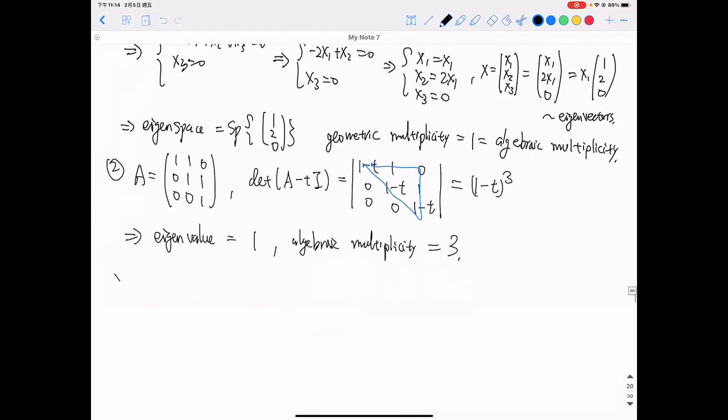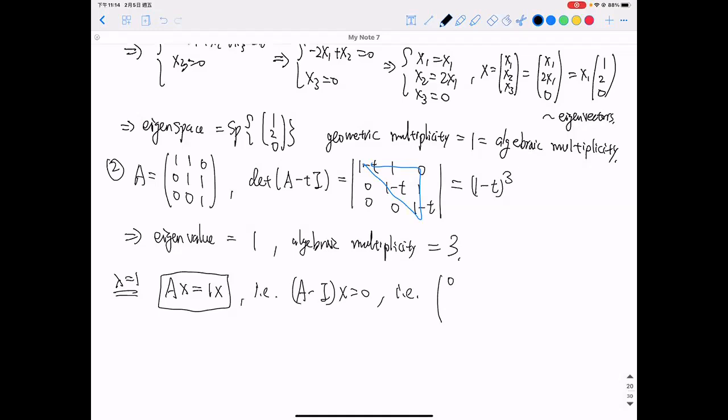Okay, so now we proceed to determine the eigenspace. So we'll have to solve the equation Ax equals 1x, i.e. (A minus I)x equals 0. And we can again write out the augmented matrix.